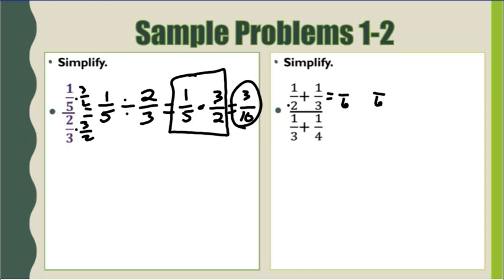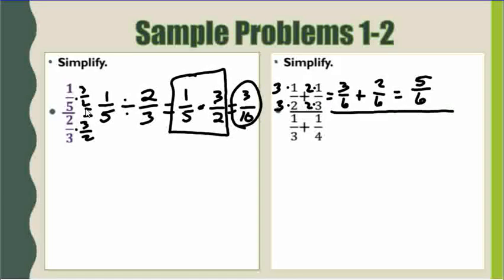So I need to multiply 2 times 3 to get 6, and whatever I do in the denominator, I do in the numerator. So 3 times 1 is 3/6. So 1/2 is the same as 3/6, plus here I need to multiply this by 2 over 2, which gives me 2/6. Then I can add, and I get 5/6 in my numerator.